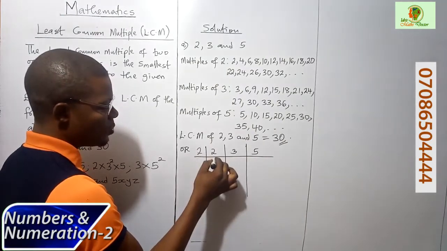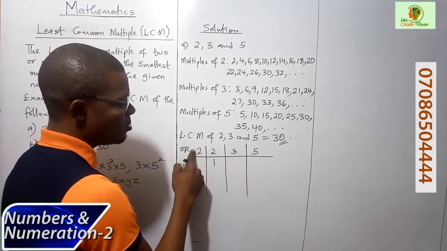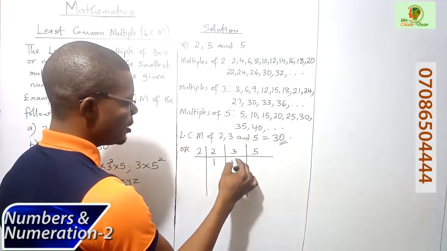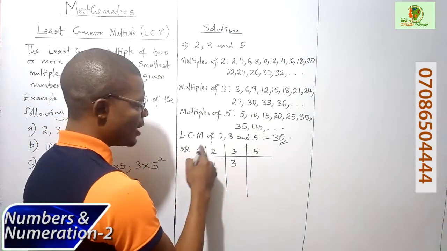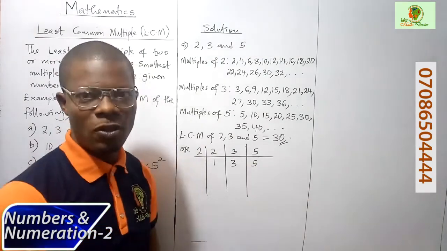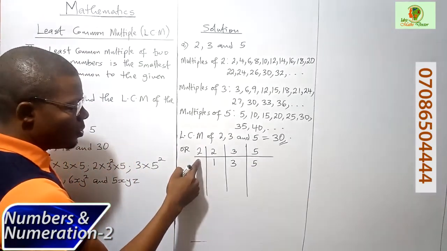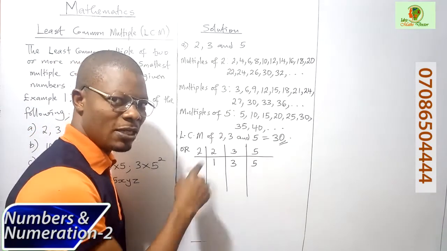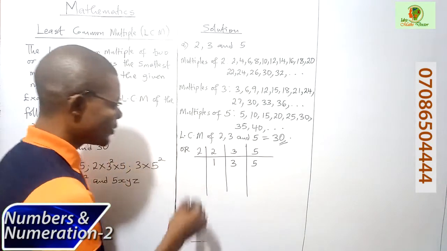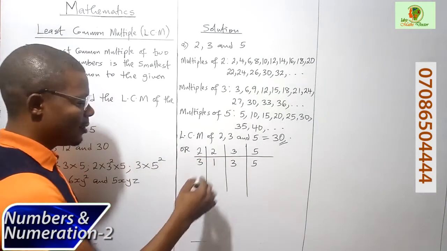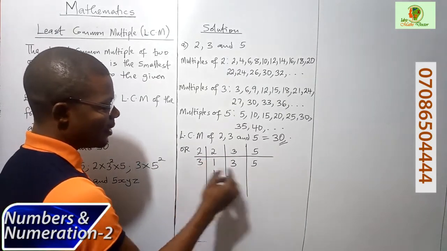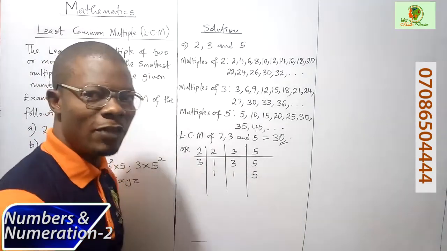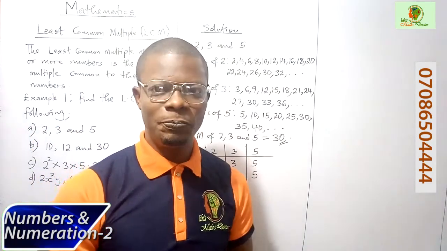2 divided by 2 is 1. 3 divided by 2, there will be a remainder, and we don't bring in decimals, so just write the 3. Then 5 divided by 2, bring the 5 forward. No need of using 2 again, and you cannot use 1 because 1 is not a prime number. So we use 3. 3 divided by 3 is 1, and 5 divided by 3 gives a decimal, so you write the 5.